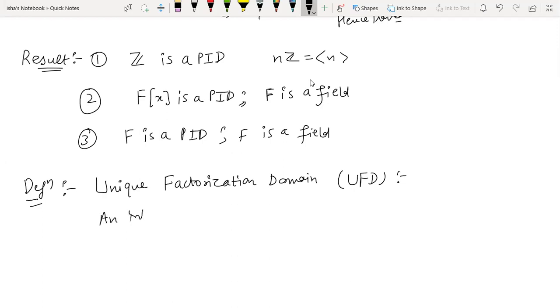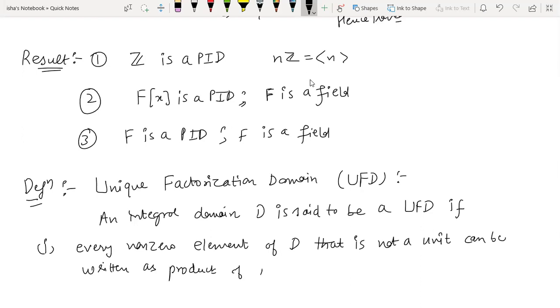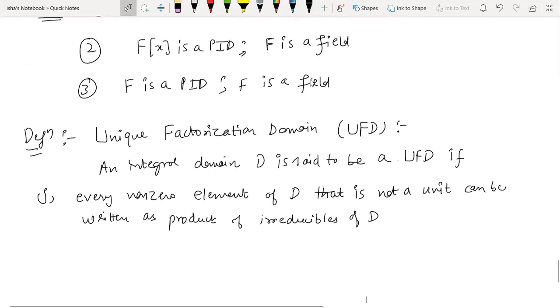So the definition says an integral domain D is said to be a unique factorization domain, UFD, if first condition is every non-zero element of D that is not a unit can be written as a product of irreducibles of D. This is one thing.